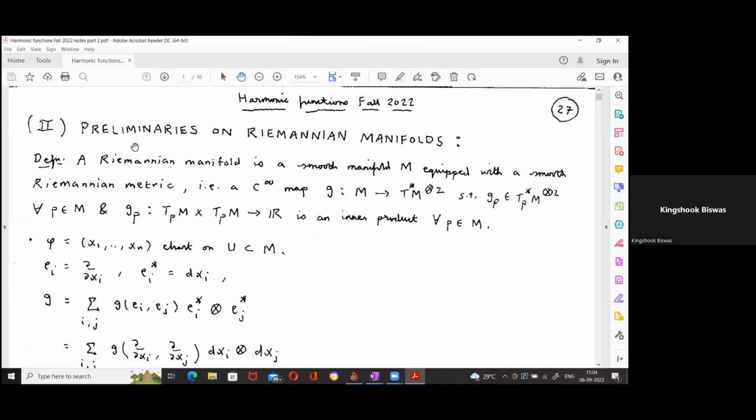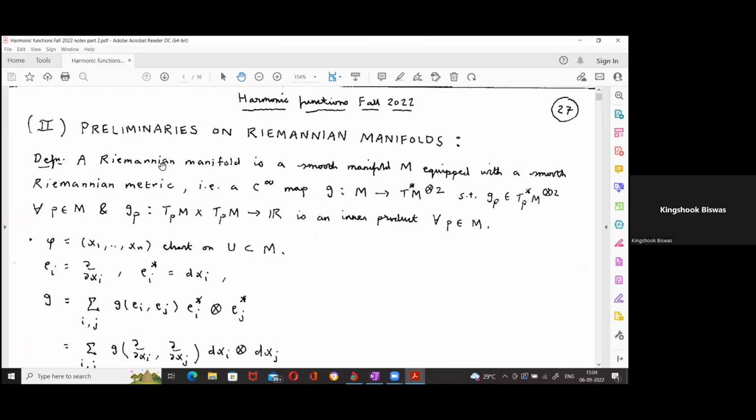So what is a Riemannian manifold? Up to now, our manifolds just had a smooth structure. So we could talk about smooth functions and so on, but we could not talk about metric notions such as the length of a curve. That doesn't make sense in a general manifold.